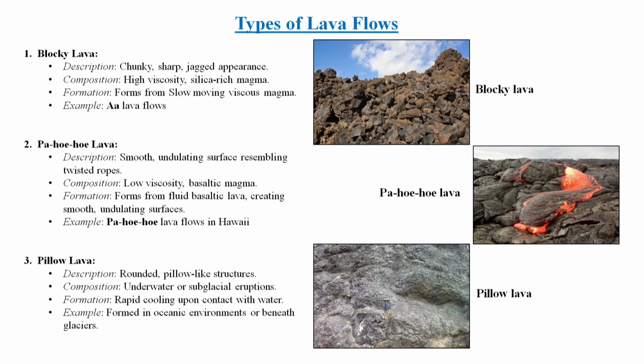It should have low viscosity, a basaltic magma to form such a ropey lava, and obviously the fluidity of the basaltic lava creates this smooth and undulatory surface like that of a bunch of ropes. Then the third type, pillow lava, gives you a rounded pillow-like structure, and pillow lavas are specifically formed when your eruption is going on under the sea.